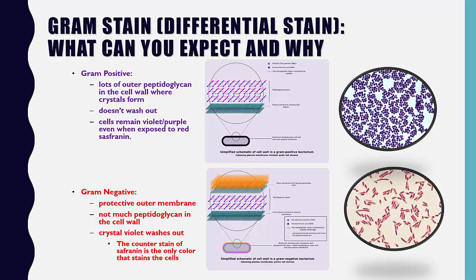Gram positives stain purple because they have a lot of outer peptidoglycan and they're sensitive to penicillins. Gram positives, come on, say it after me. Gram positives stain purple because they have a lot of outer peptidoglycan. They're more sensitive to penicillins.